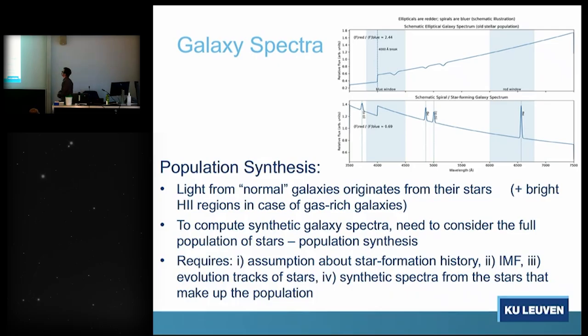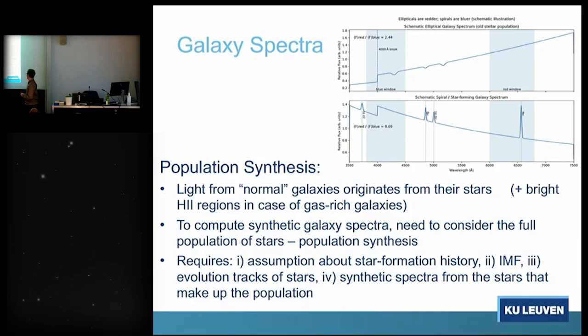And here is just a slide to say that, as compared to doing, for example, stellar spectroscopy, when you do galaxy spectroscopy, you often have to work with some sort of population synthesis models, meaning that we're not getting the light from just a single star here, right? But we're getting the integrated spectra from a full galaxy population. And then you have to estimate the components that go into that.